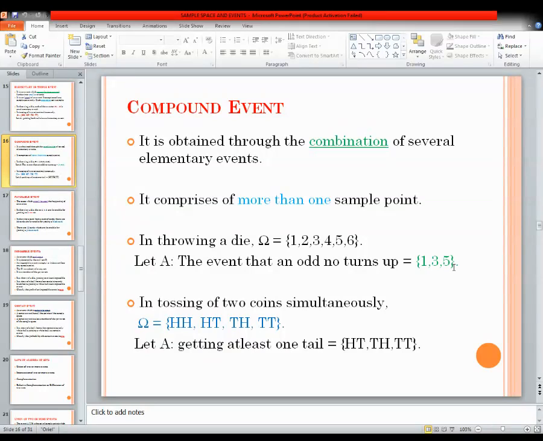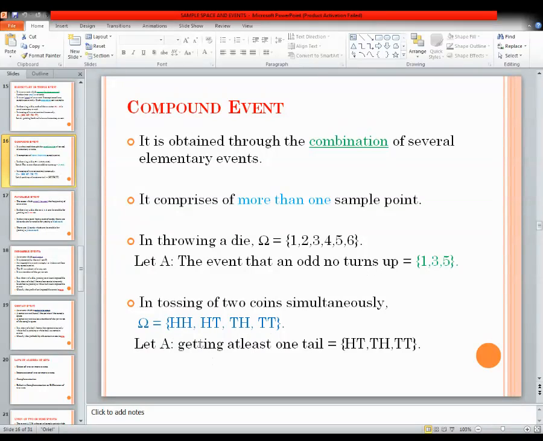I can combine these elementary events. 1 is elementary, 3 is elementary, 5 is elementary, but I am combining all these elementary events, and this combination I am calling an odd number. Therefore, this is a compound event. Compound events means we are taking more than one sample point.